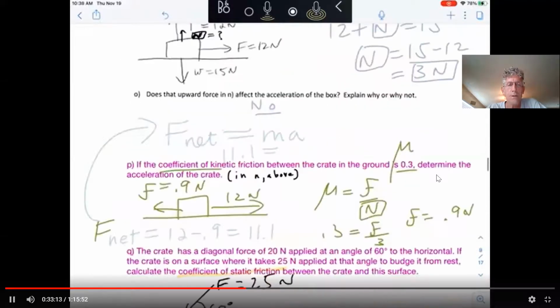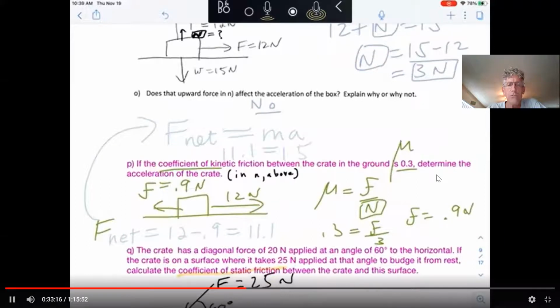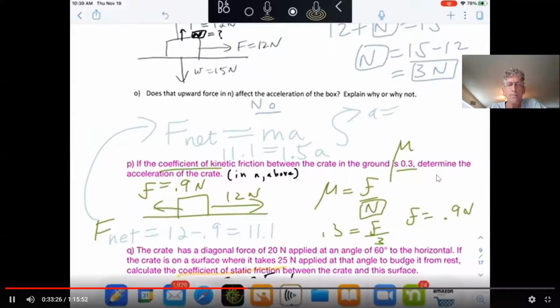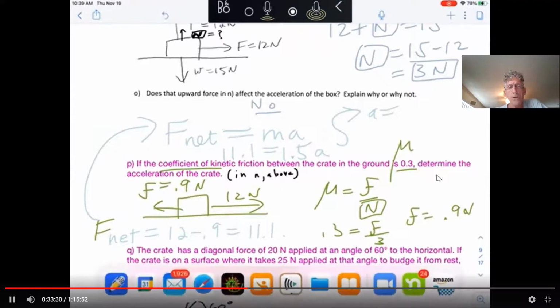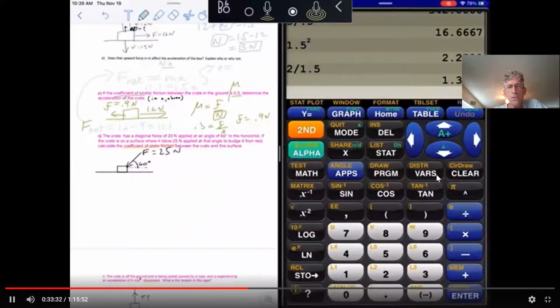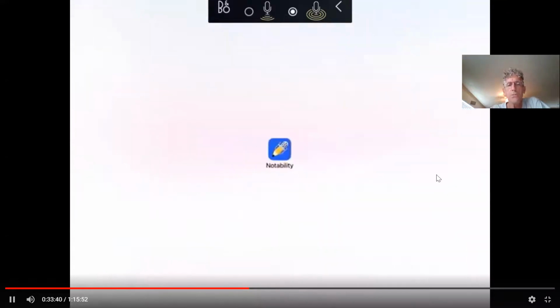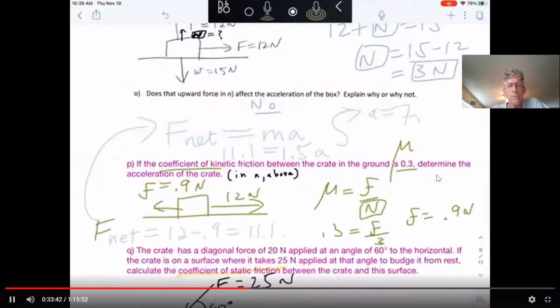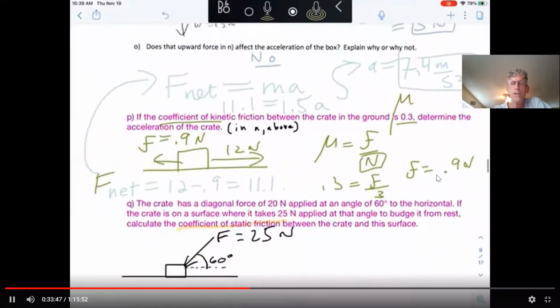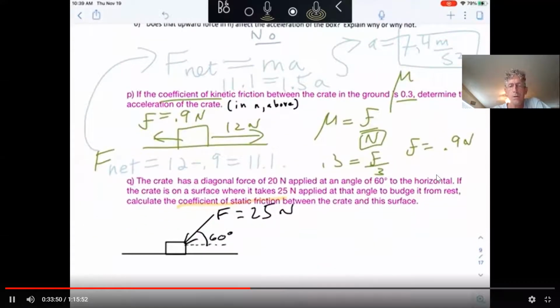It's 1.5, so it equals 1.5 times A. A equals, work it out: divide through, 11.1 divided by 1.5. We get 7.4 meters per second squared. What direction? Look at the picture. To the right. If I ask you the direction, you should know.